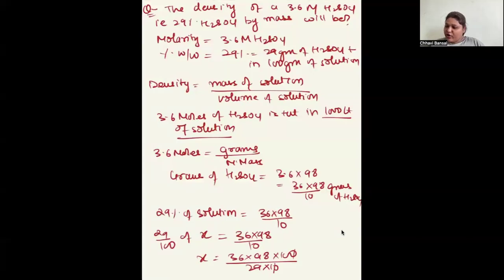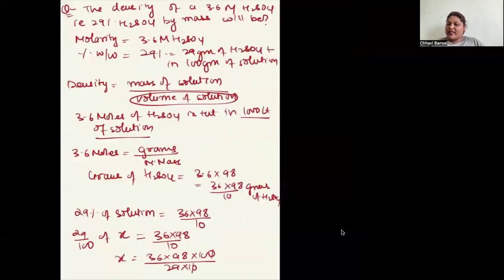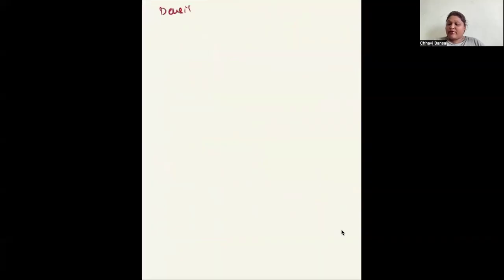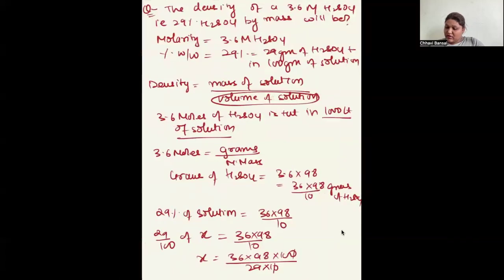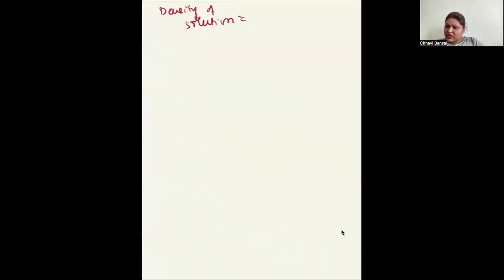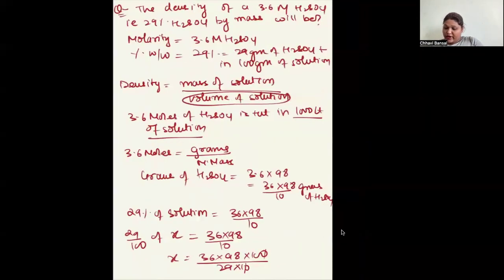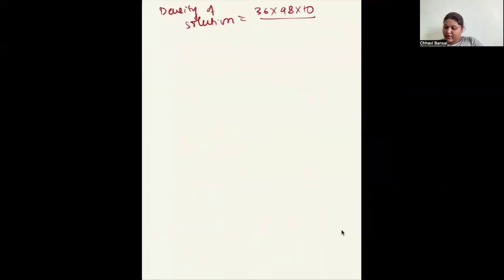We already have the volume of solution, which is 1000 ml, and the mass of solution is given. So the density of solution will be grams, which is 36 into 98 into 10 divided by 29, and then the volume is 1000.